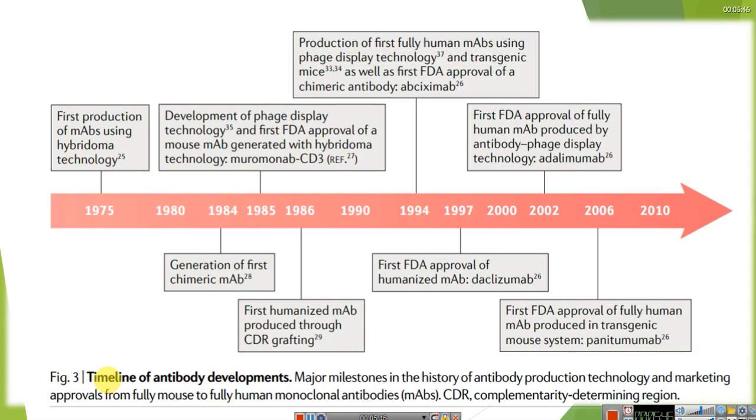This is about the timeline, how people are now able to engineer antibodies. Some pioneering discoveries are always there that work as the foundation to carry out advanced research or advanced manipulation of the antibodies or anything. It starts with some basics.